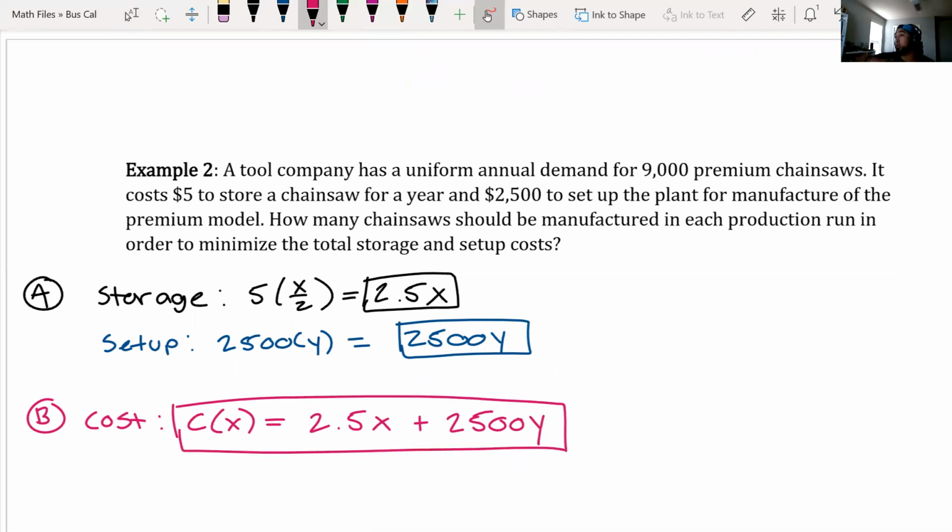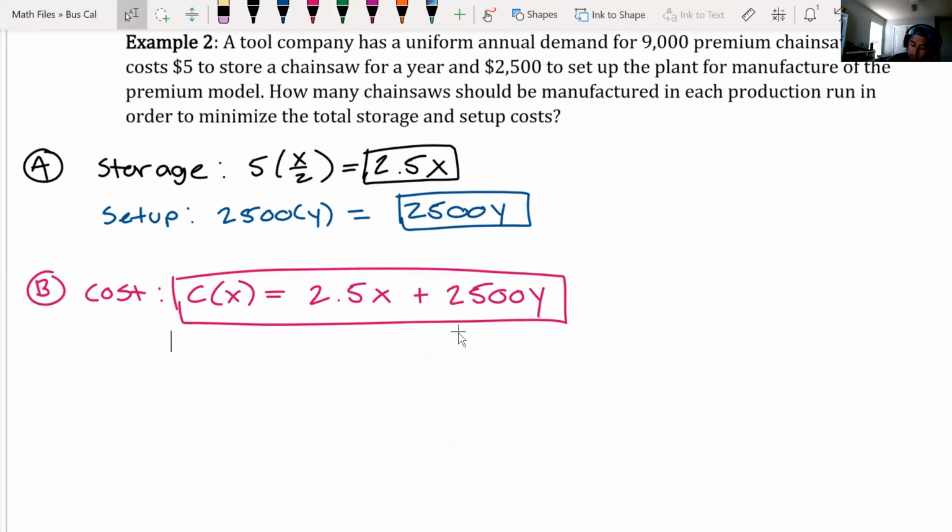And now we want to take the derivative of that, but we can't yet until we set up the annual demand function. So C, demand. Demand is X times Y, and people are demanding 9,000 chainsaws. Who uses that many chainsaws? Okay.